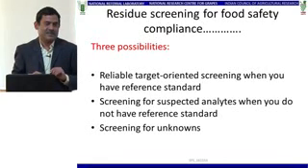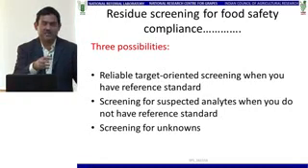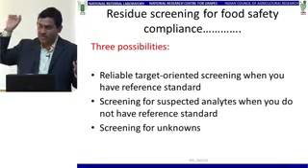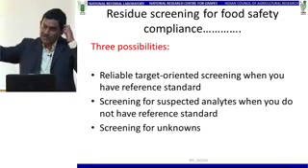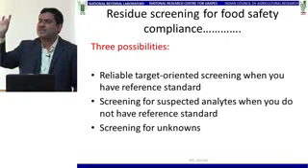So it was a very complicated route of appearance of residue. The compound applied to the horse, meaning the horse was treated with that drug, was at a very, very low concentration.